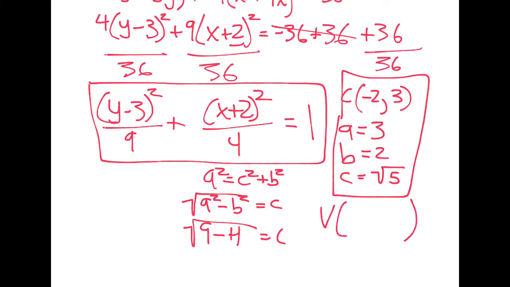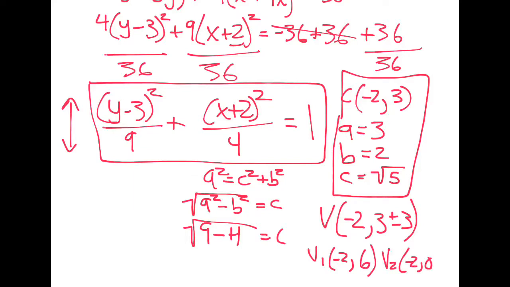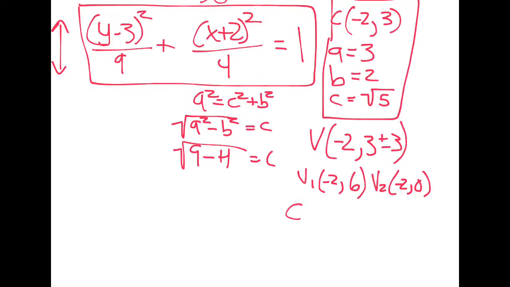I know my vertices are first off going to be in line vertically because the larger denominator is with y, which means this is going to be a vertical ellipse up and down, which means the y value of my center will change, the x value will remain the same, -2, comma, then I'll have 3 plus or minus my a value, which is also 3. And so I'm going to have a vertex at -2, comma, 6, and I'm going to have a second vertex at -2, comma, 0.